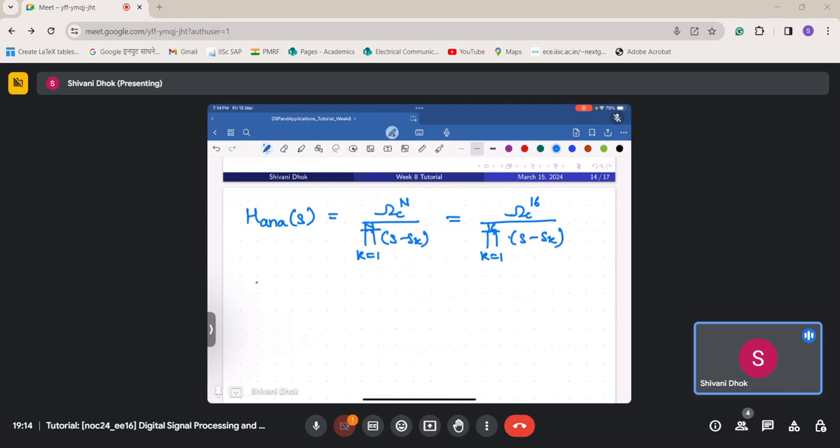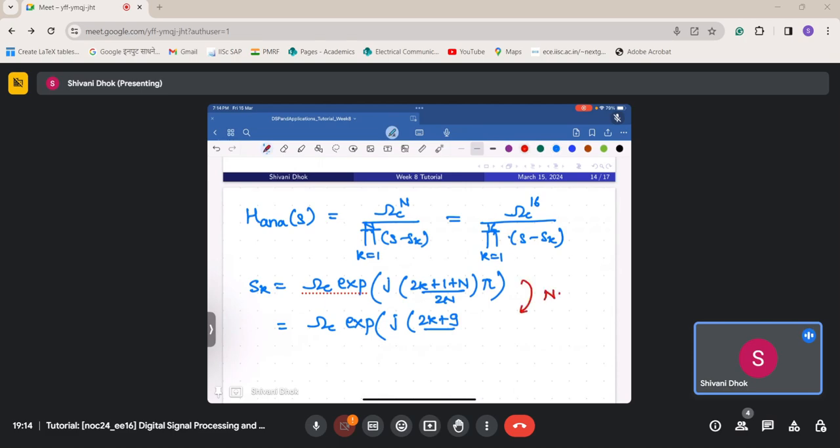And since it is a Butterworth filter, we have sk as omega c into e power j (2k plus 1 plus n) by 2n pi. So this comes out to be omega c into e power j (2k plus 9), n is 8, so I am substituting n as 8 here, upon 16 into pi.